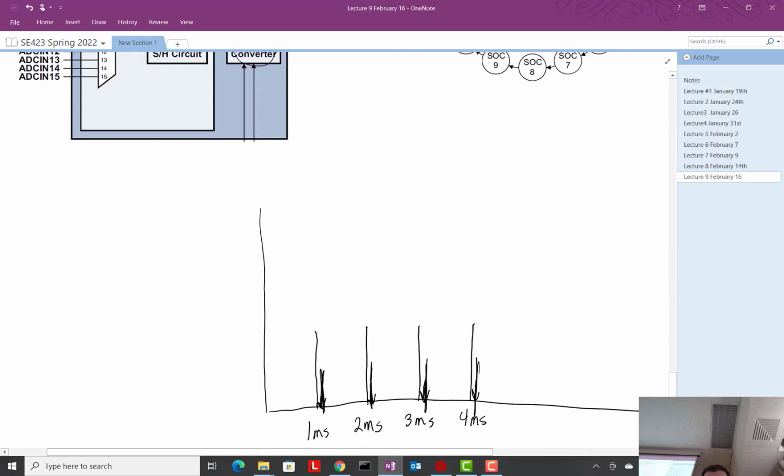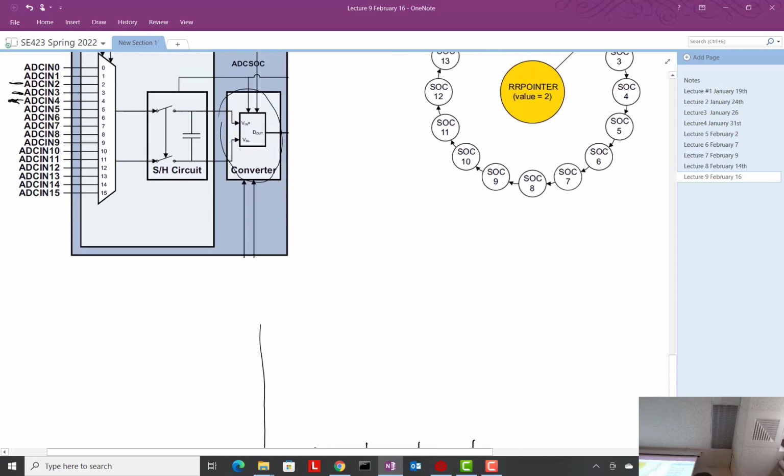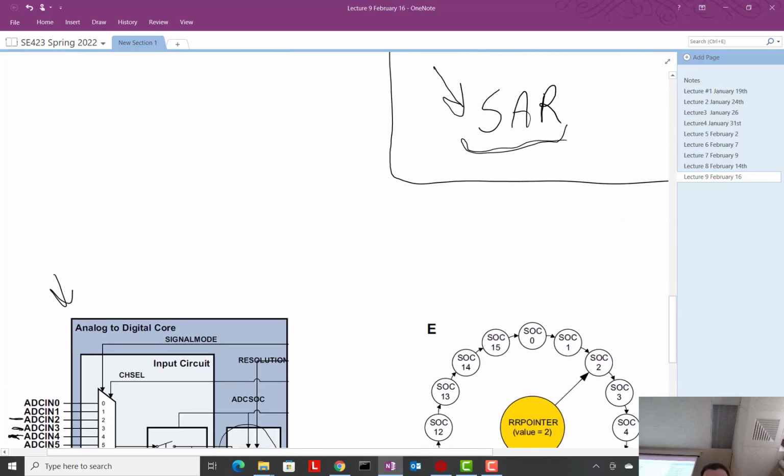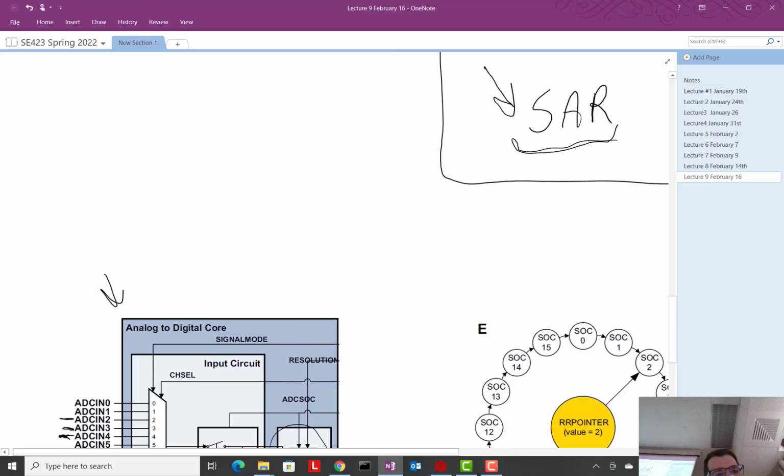There's three kinds of labelings that we've got to get in our head when it comes to the ADC. There are these ADC in channels. Let's just talk about ADC-C, which is going to be connected to our analog rate gyro. So let's talk in terms of that one.